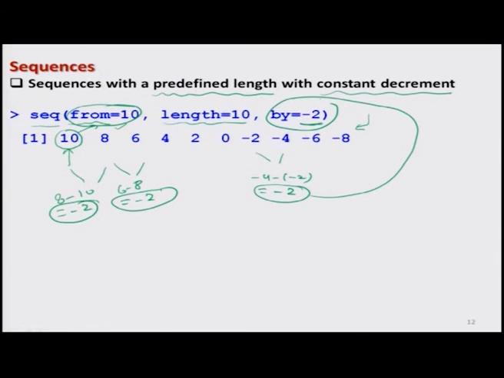That is the constant increment, and the values I am getting are 1, 2, 3, 4, 5, 6, 7, 8, 9 and 10, which is the length of the sequence, where I get 10 values starting from 10 at a decrement of minus 2.